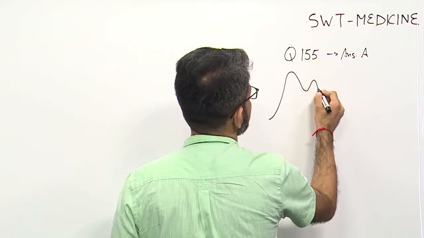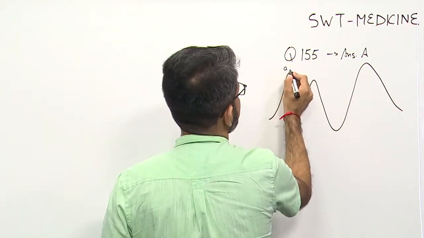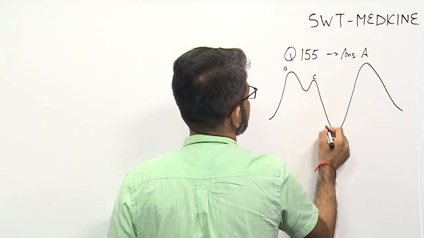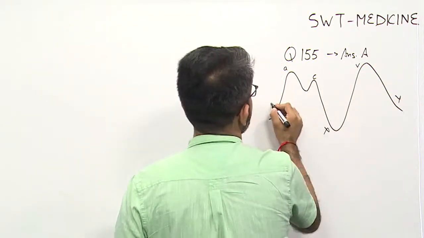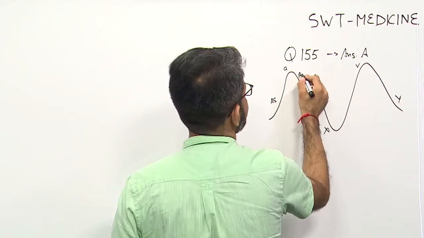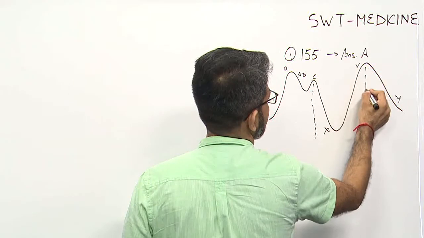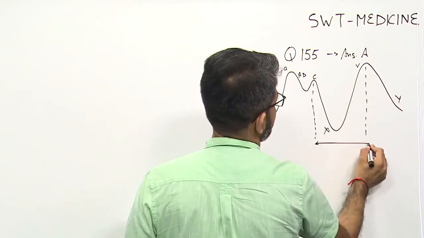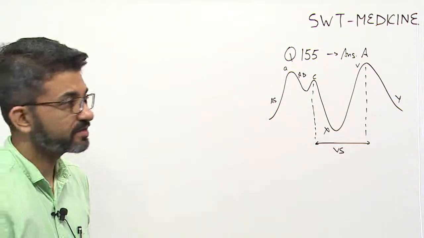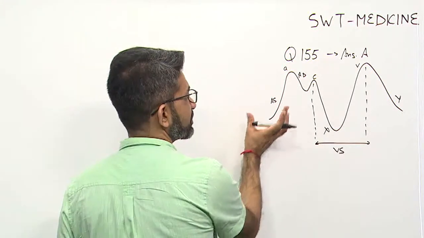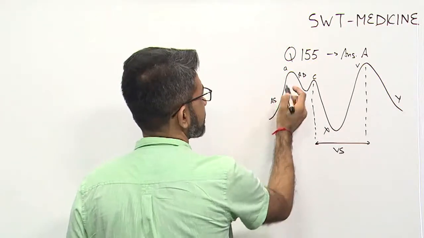A, C, X, V, Y. Atrial systole, atrial diastole, ventricular systole. So, in tricuspid stenosis, when there is atrial systole, the tricuspid stenosis is there. So, patient will be having large A wave.